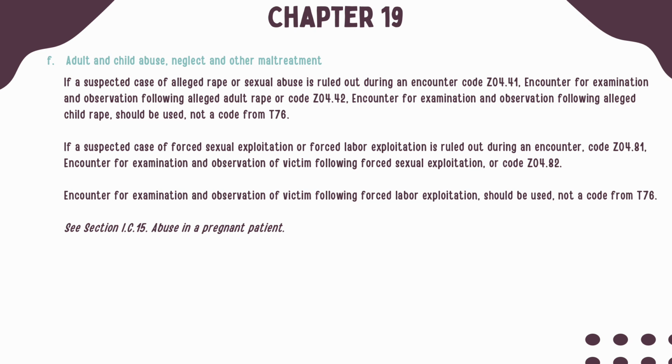If suspected forced sexual or forced labor exploitation is ruled out during an encounter, code Z04.81 or Z04.82 should be assigned. In either of these circumstances, category T76 should not be assigned.